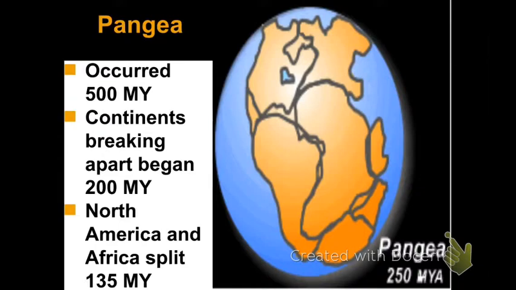And then North America and Africa were actually together, which you can hopefully tell from this diagram. And they split about 135 million years ago. So all the continents kind of drifted at a different rate. Some stayed together a little bit longer than others. But that is just a little overview and reminder of Pangea. We're going to do a card sort, so you can go ahead and pause.